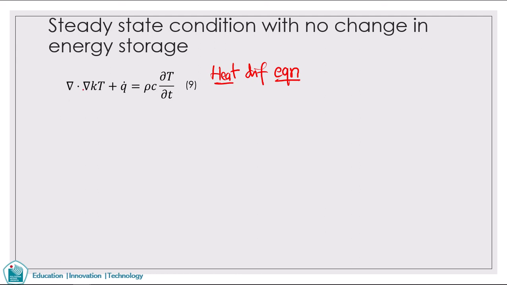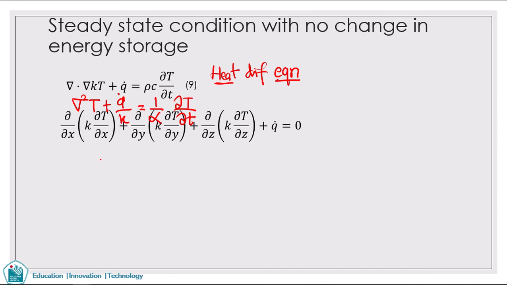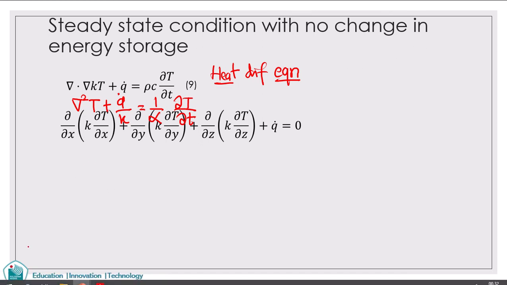We can write it in this term, or we can change it to del square T plus q dot over k equals 1 over alpha times the change of temperature over time. Okay, this is the same meaning.